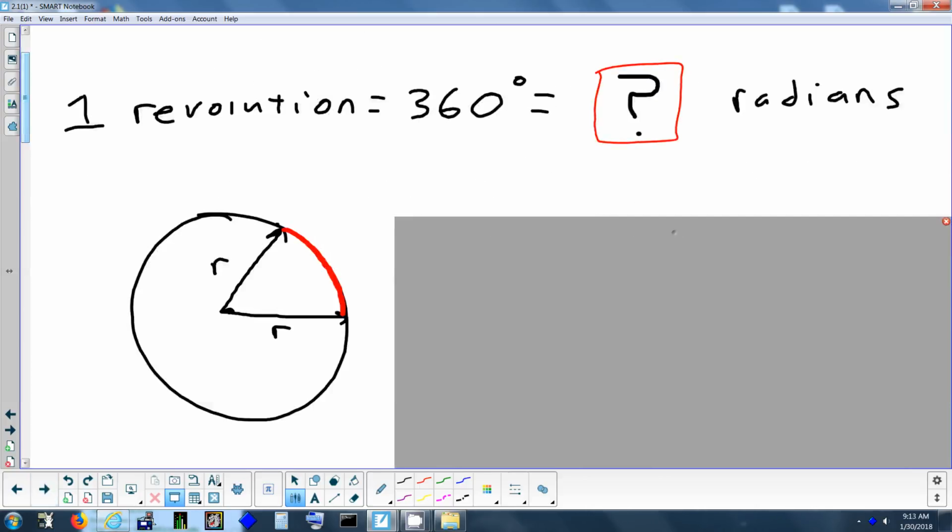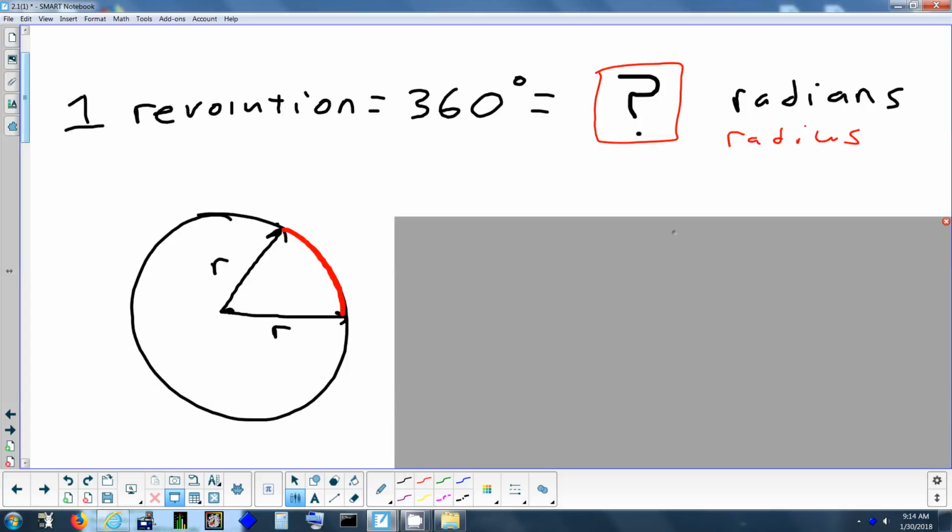Radian? Not radian. Think about a line from the center to the circumference. Radius. But if you put that word right below radian, radian, radius, they look very similar. And that's because there's a connection between them. And I'm going to show you what the connection is between radians and a radius right now.